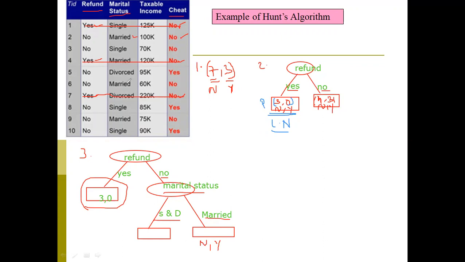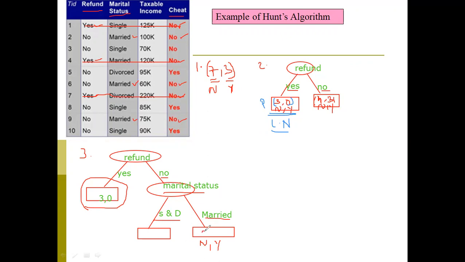Next, where is the married? This is the second married, and here you can find the class label no only. So 2 no's, and this is married. Under this married, you can find one more class label, that is also no. So here we have 3 objects that are married, and under the 3 objects the class labels are 3 no's.